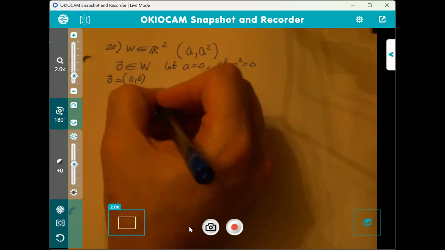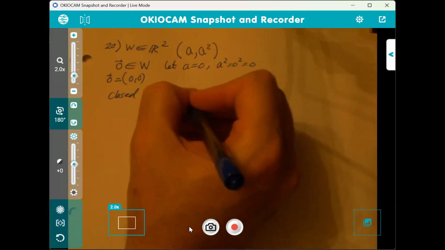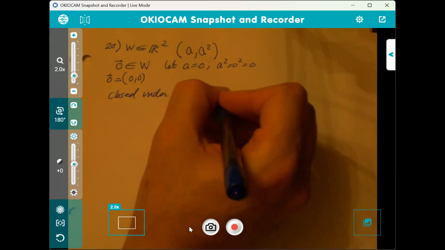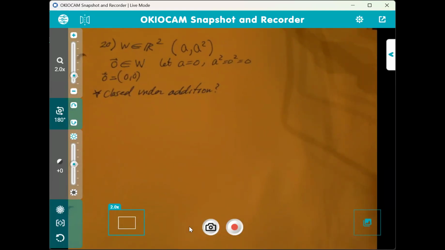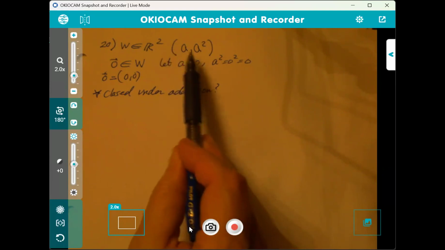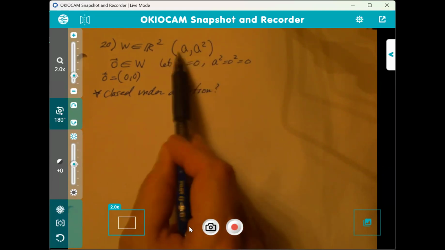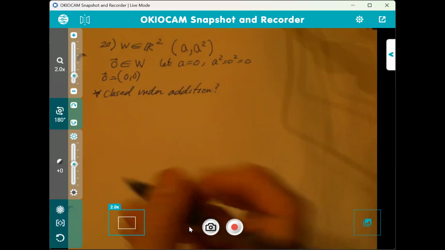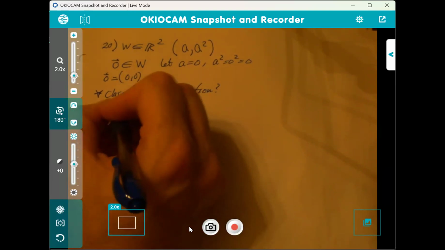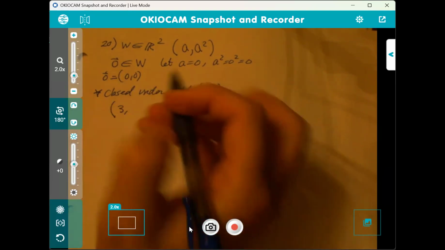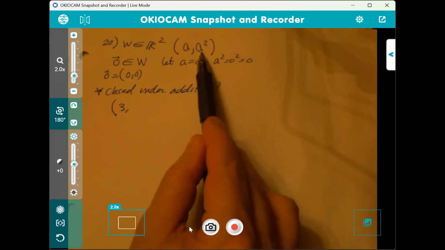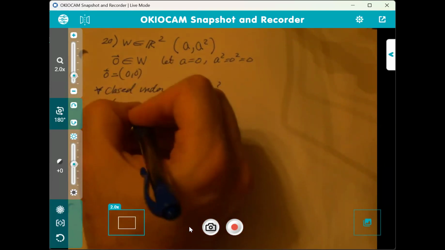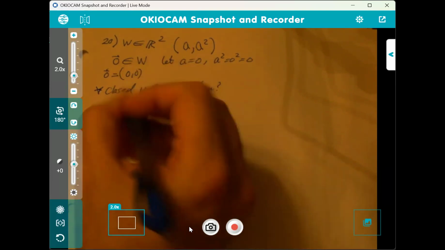Closed under addition. We want to verify that. Is it closed under addition? So to show that, I need to find two vectors from that subspace. So for example, is it okay if I choose first component 3? Now the second component is going to be 9, right? His vectors in W are going to be in this form.